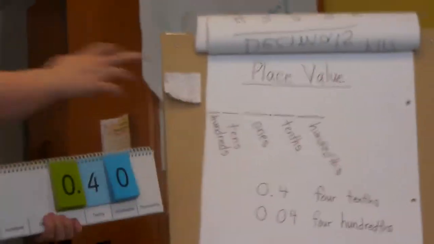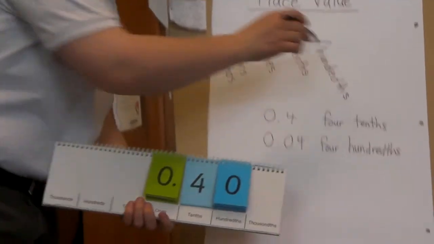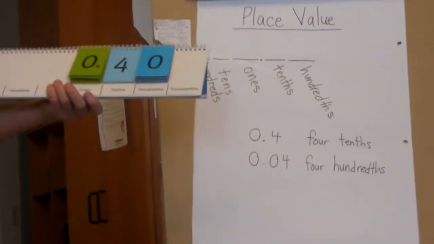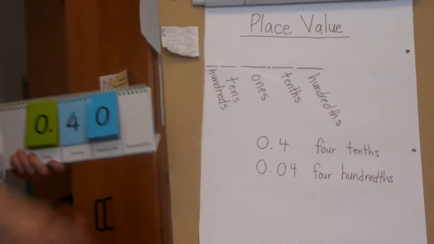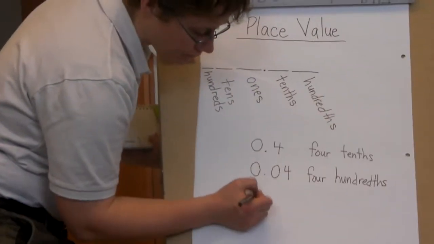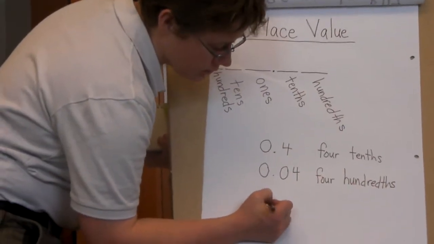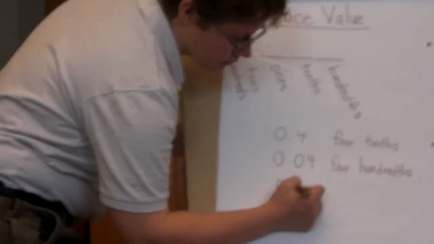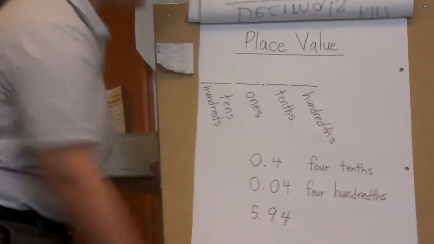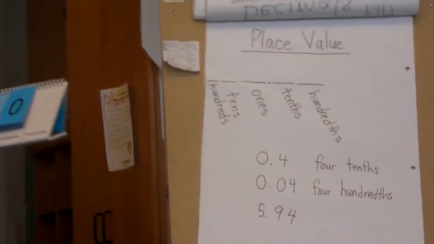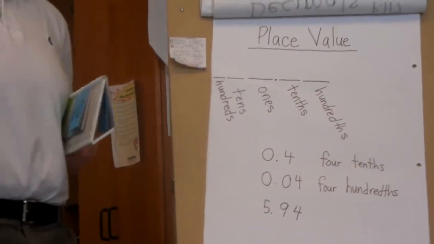All right. So you're looking at where they are in here and sort of matching it up. And you can use your place value book to help you do that. Now how about this? What would that be?